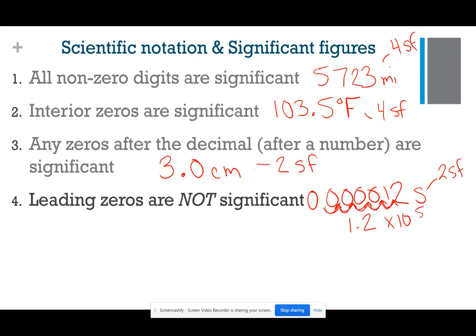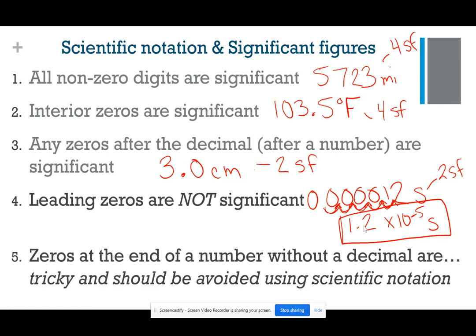And I moved it to the right, or it was originally less than 1, so it's a negative exponent. So if I write it into scientific notation, now it's crystal clear that the only 2 significant numbers are here in this coefficient piece, the 1 and the 2. So all the other zeros kind of fall out or disappear, and we see that there's only 2 sig figs.